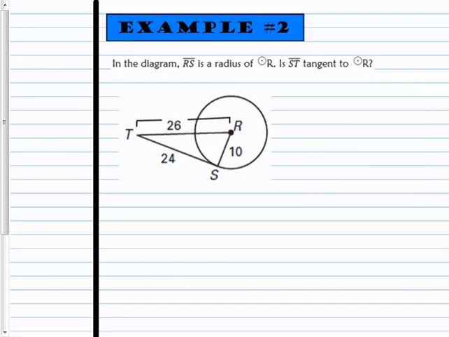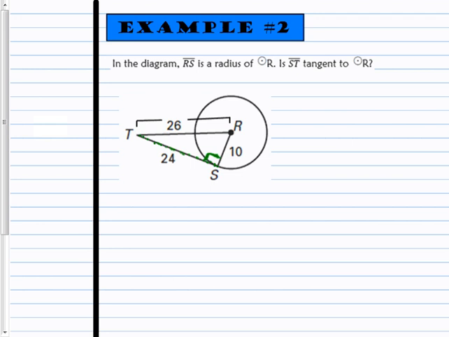Example 2. In the diagram, RS is a radius of circle R. Is ST tangent to circle R? They're wanting to know, is this line tangent to that circle? Well, in order for it to be tangent, it has to form a right angle. Can I prove that that's a right angle? Sure, if I'm able to prove that this is a right triangle.